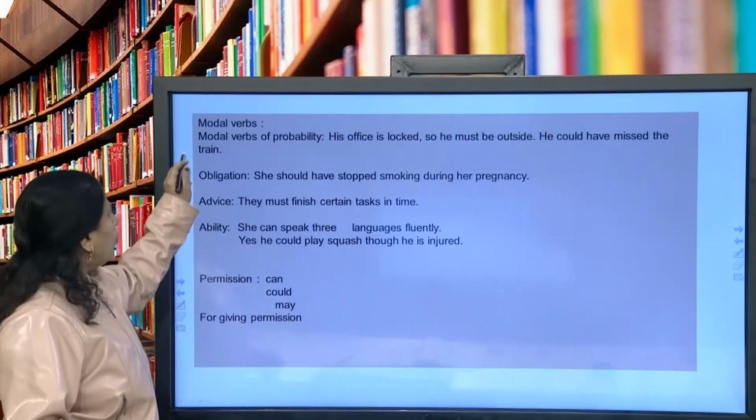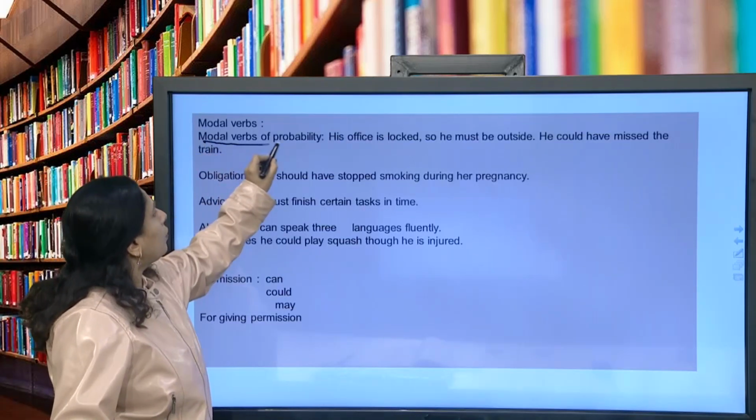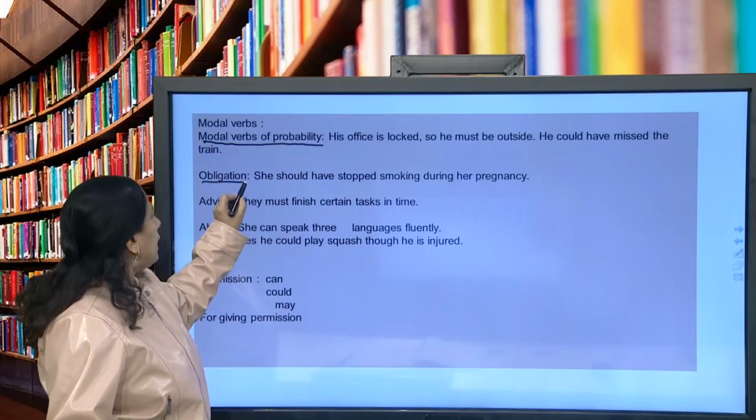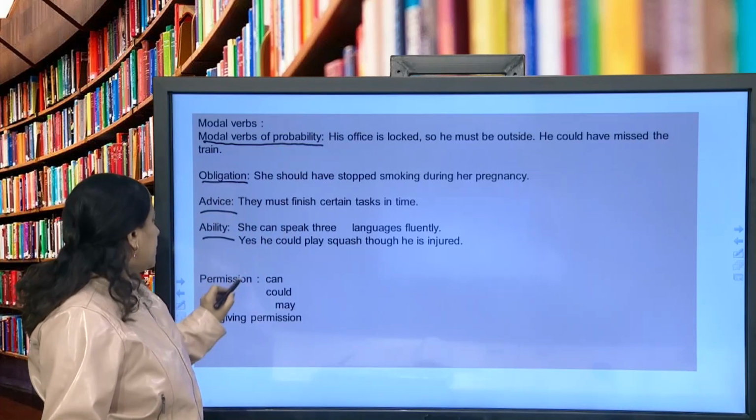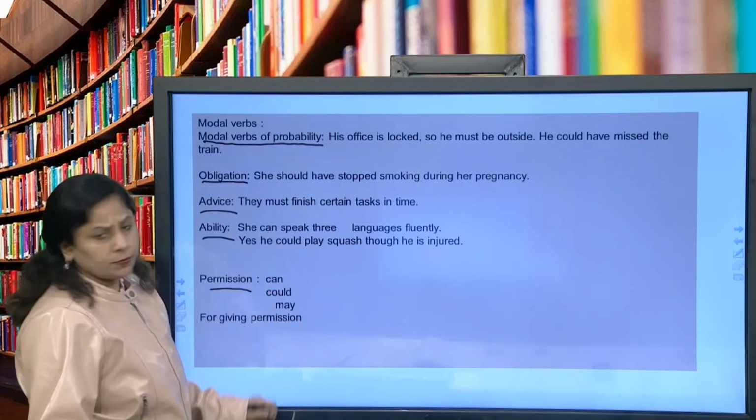Now modal verbs are of different types. They are of probability as well as obligation, advice, ability, permission and much more.